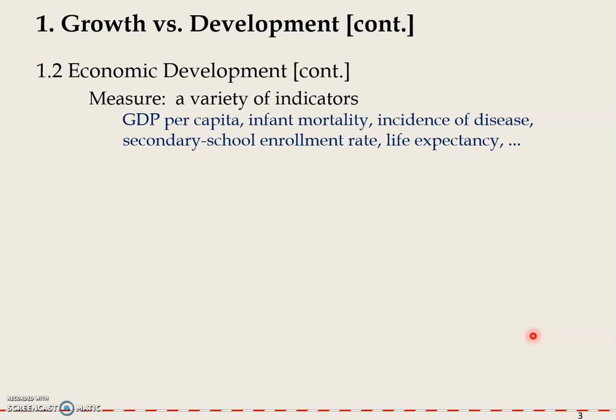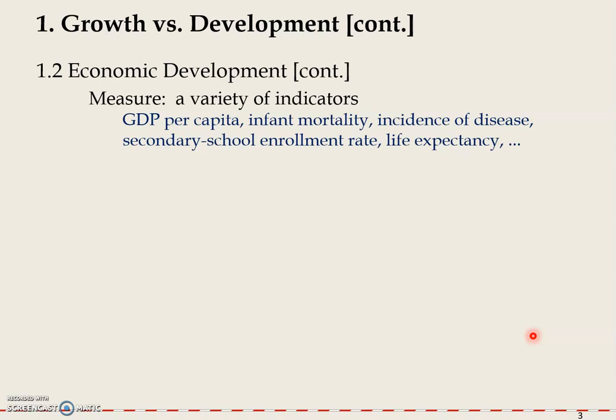However, you may find a health scientist who cares about the health treatment or conditions in a country. She might use the infant mortality as a proxy for development, or the incidence of a disease.